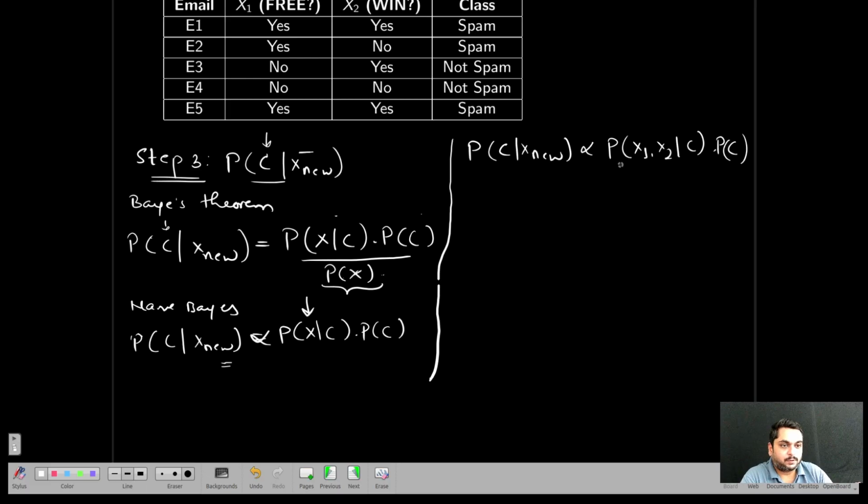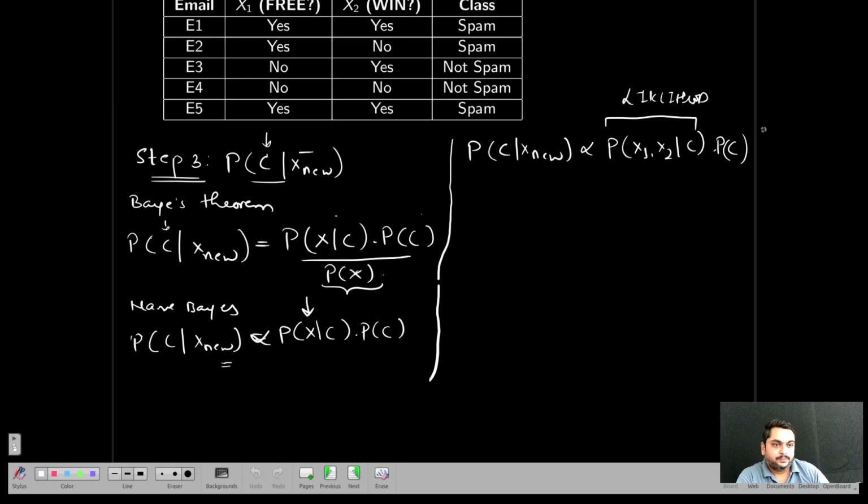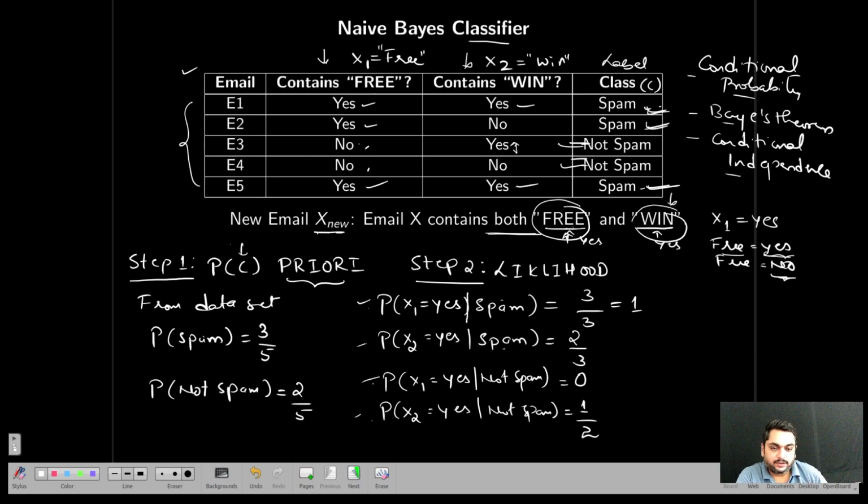So what is this probability? Observe here, this is nothing but your likelihood. That's what you have calculated previously, x1, x2 for each class, into this, which is your prior probability. This is what you have calculated for each class.